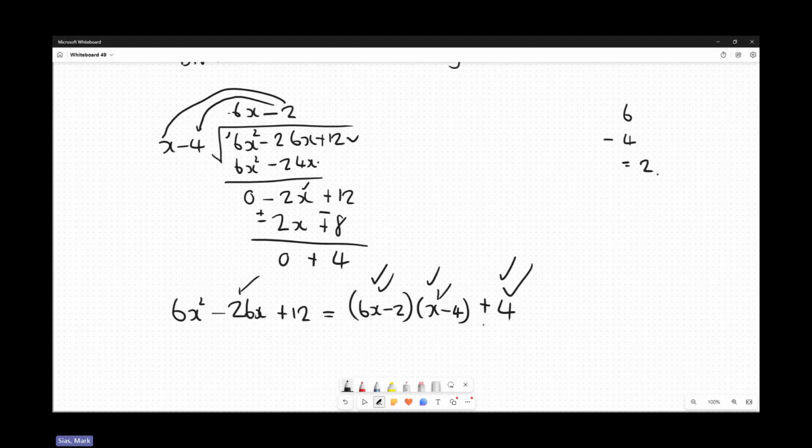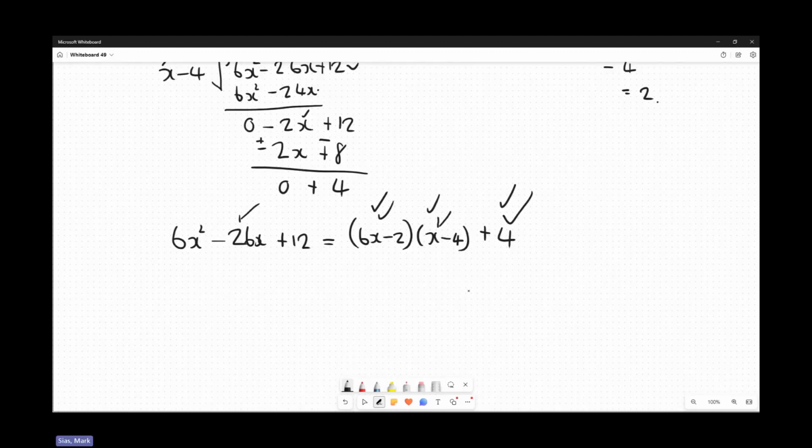The main thing is that the degree of the remainder can be 0, and it must be less than the degree of the divisor. The degree of the quotient and the divisor is 1. The degree of the dividend, the original polynomial, is 2.